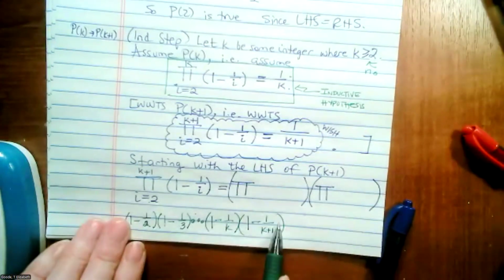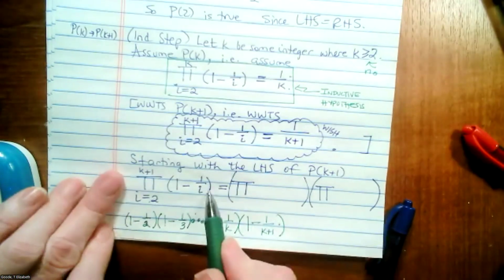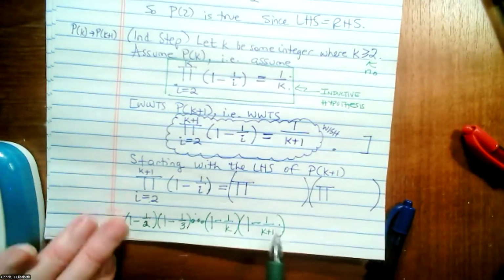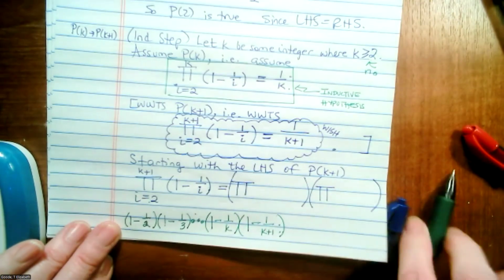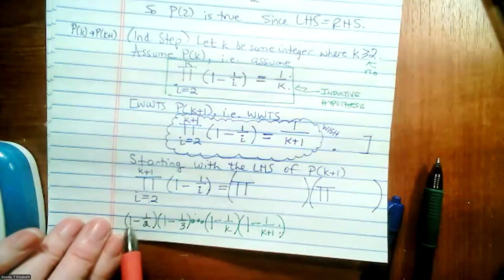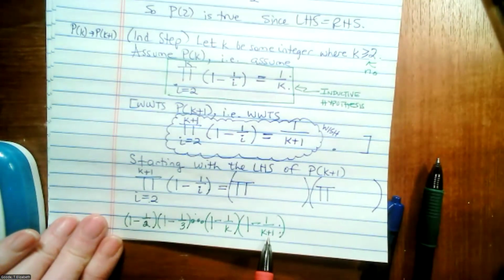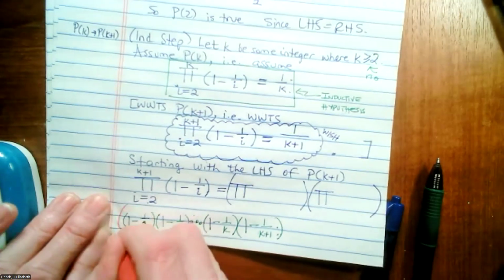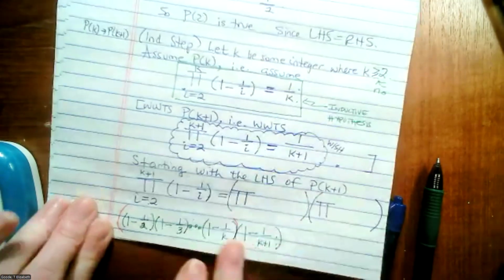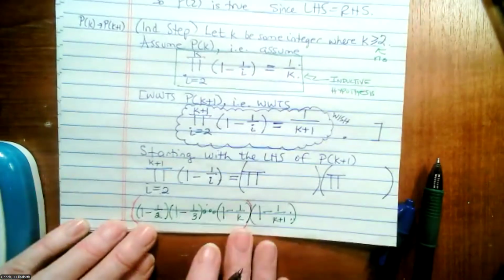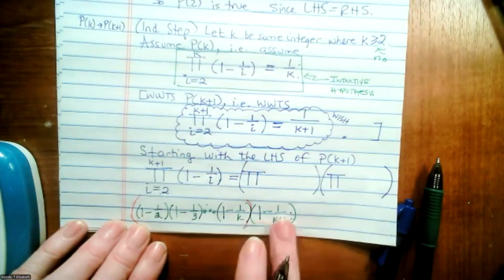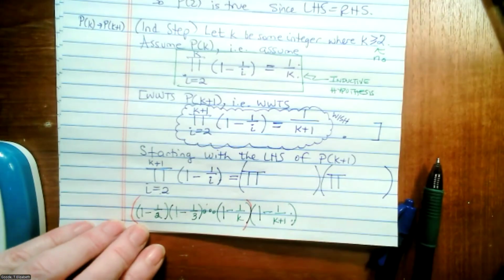Do you agree that this expanded view is really what this product represents? Yes. And see, it's just a bunch of stuff getting multiplied together. It's just fine if we group these together and multiply them all together first. And then at the end, we'll multiply by this piece. That's what we're going to do.